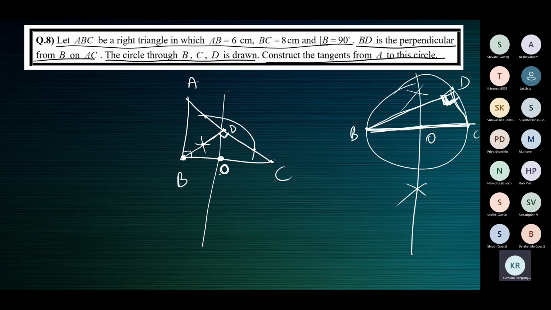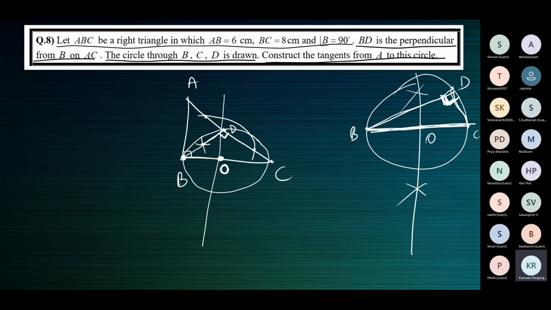OC or OB. Put your compass at O. With O as center and OB or OC as radius, draw a circle. The circle will pass through B, C, and D.